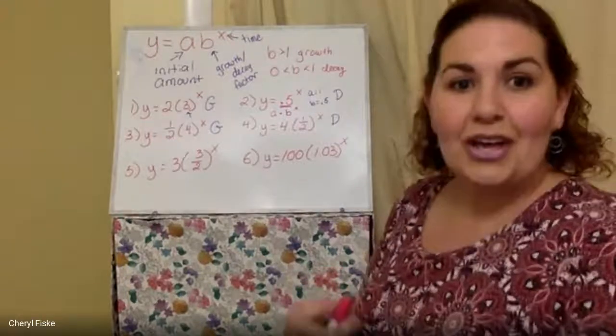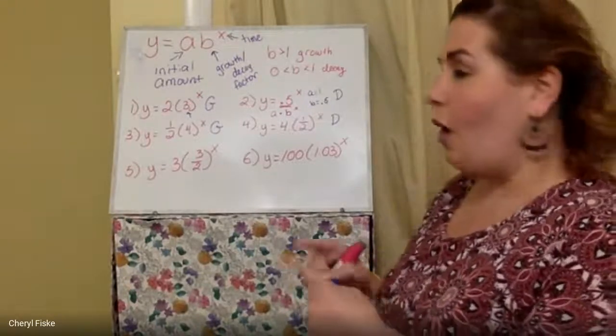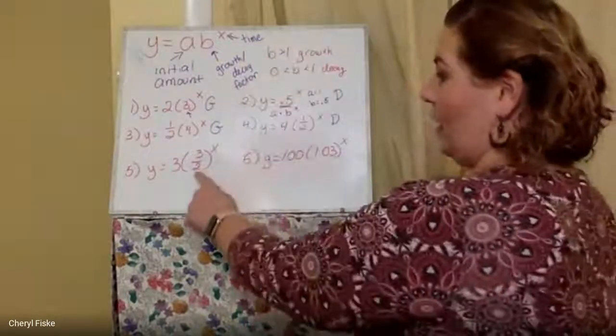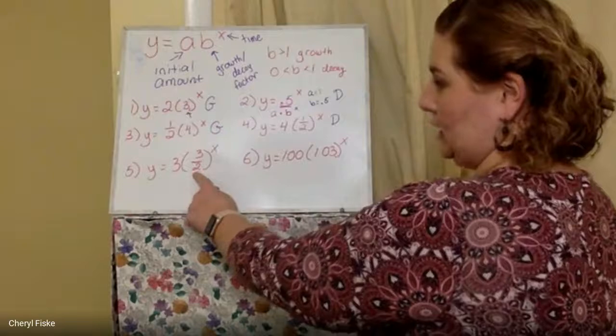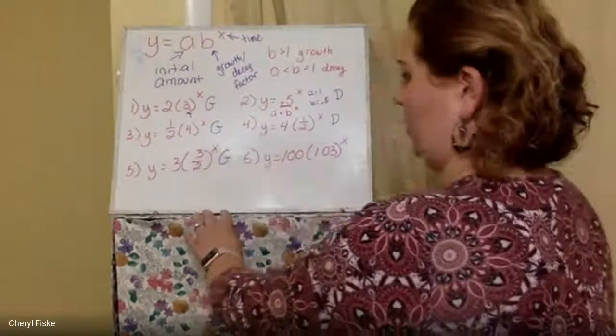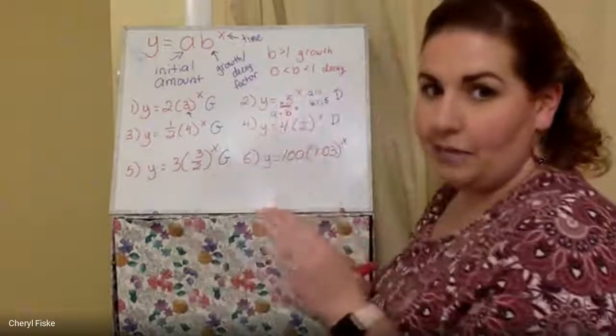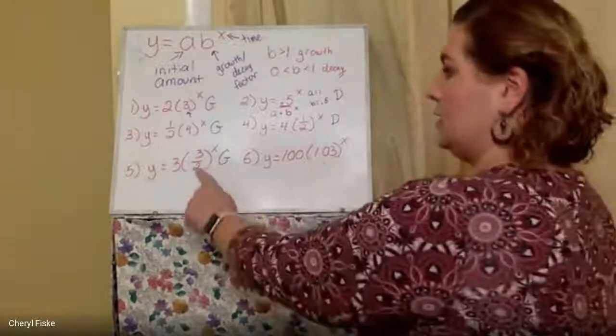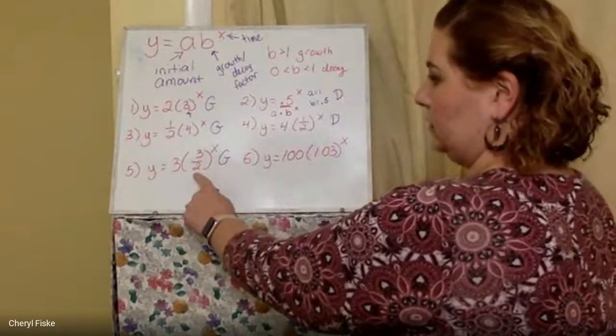It is not. 3/2 is over 1. Yes, it's a fraction, but it's a fraction that is over 1. That's 1.5. So this is growth. So just because it's a fraction doesn't mean that it's automatically decay. Think, think, think. Right, friends? So that's 3 over 2, which is 1.5.